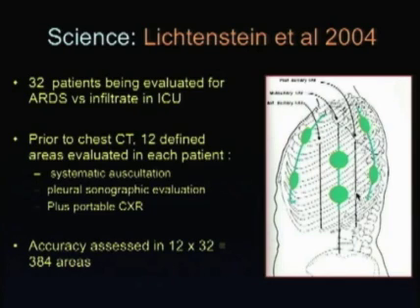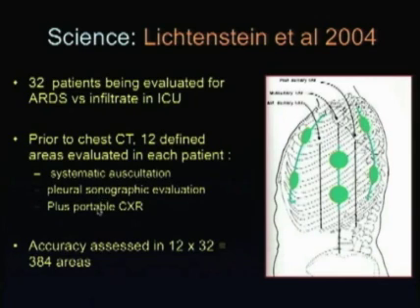Ultrasounds were performed prior to the chest CT. The 12 areas I mentioned were analyzed sonographically and also analyzed with a stethoscope. The stethoscope was used by a separate clinician who was blinded to the results of the ultrasound and the chest x-ray, and was placed wherever the clinician felt necessary on the chest.